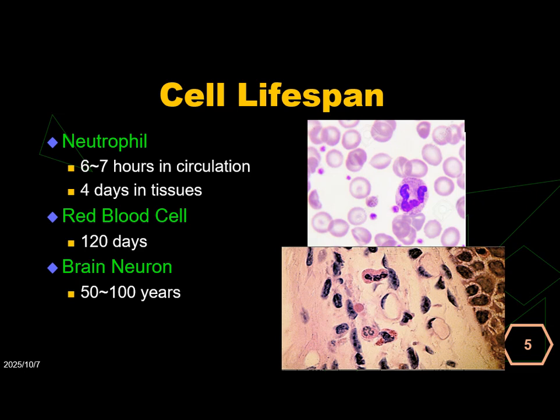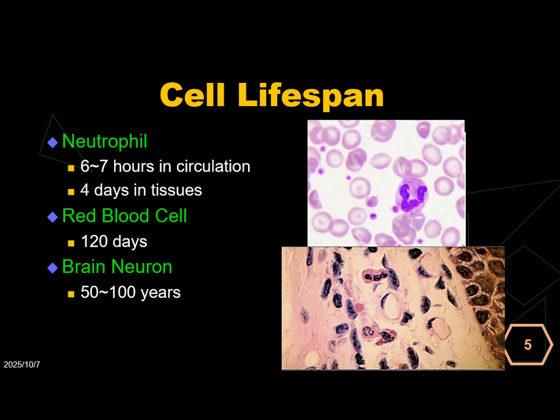And for the red blood cell, normally it's about 120 days. So when we try to culture white blood cells, leukocytes, from a blood sample from a patient, the number one difficulty is removing the RBC from the sample, because normally there is a trace of red blood cell contamination in your white blood cell fraction, and it's really hard to get rid of the RBC.